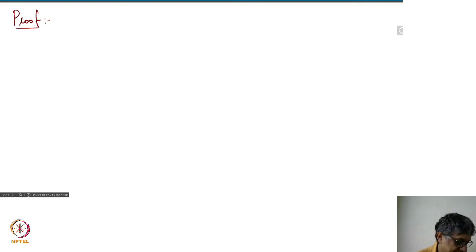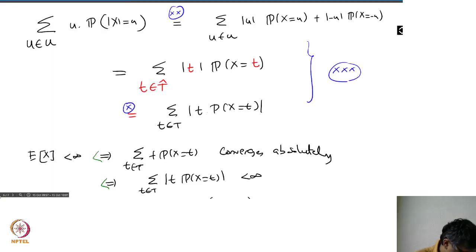So the first thing I have to show, for proof of one, is that E of aX is a times E of X. So maybe I'll simplify the theorem a little bit, so that the star may not be necessary.